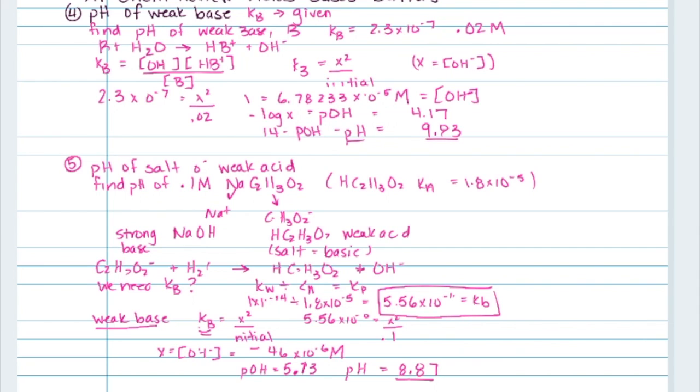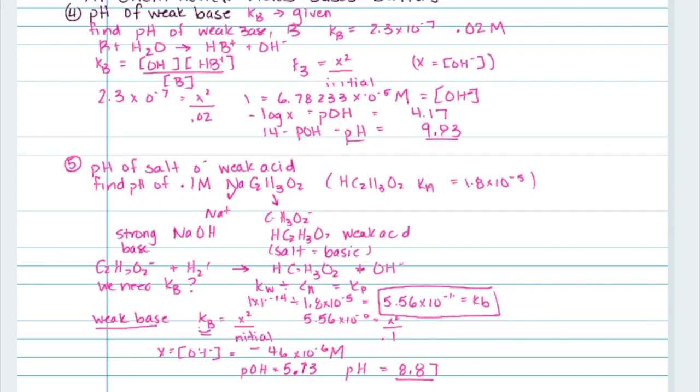Once we have that Ka, we are going to treat this salt like any other weak acid, and we are going to set Ka equal to x squared over the initial, where x now will equal our H plus or our H3O plus concentration. So if we negative log our x, we will get our pH.